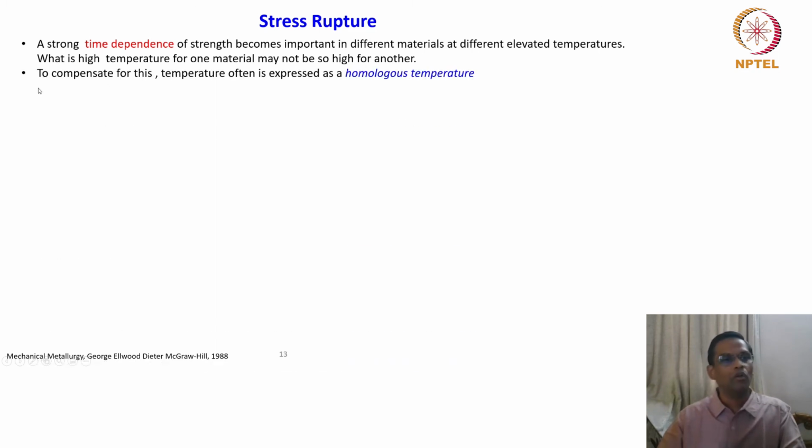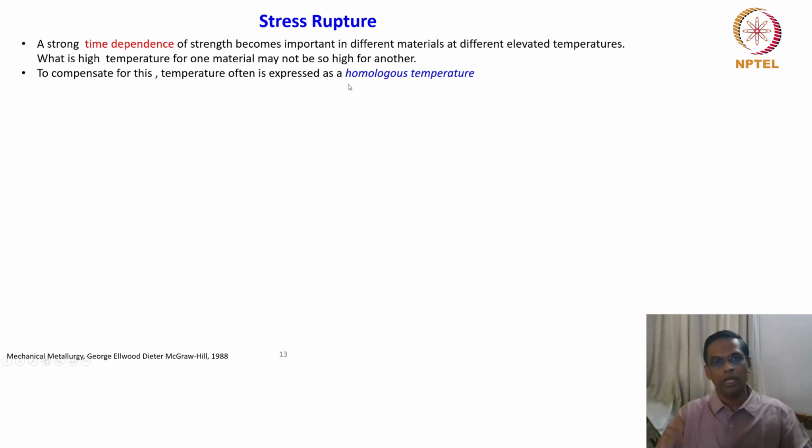To compensate for this, temperature is often expressed as homologous temperature. This explains why in all the creep literature, especially when we look at temperature dependence, we use something called homologous temperature.